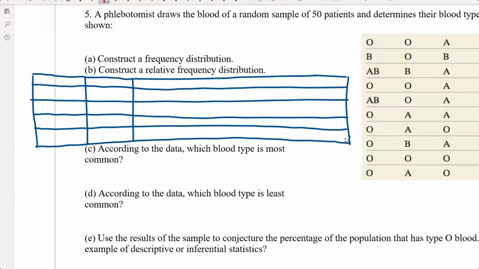Here we have blood type, here is frequency, and this one is relative frequency. For the first one, I'm going to use A, here is AB, this one B, and finally O.